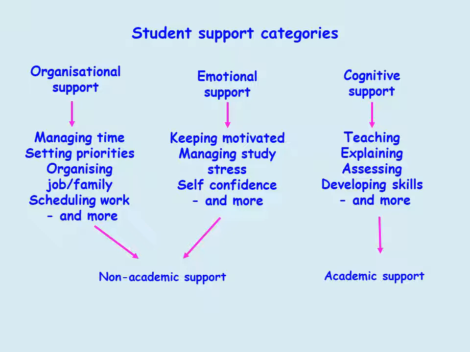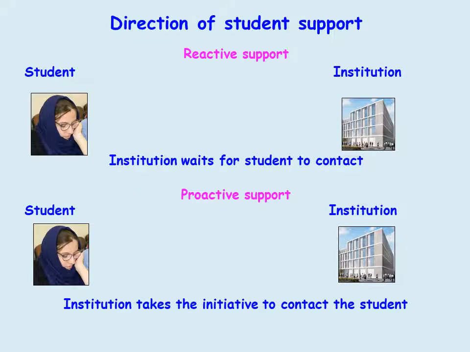Well, support has one particular characteristic that's very important, and that's its direction. Support can be reactive. That is, you can wait for students to contact you. Or it can be proactive.